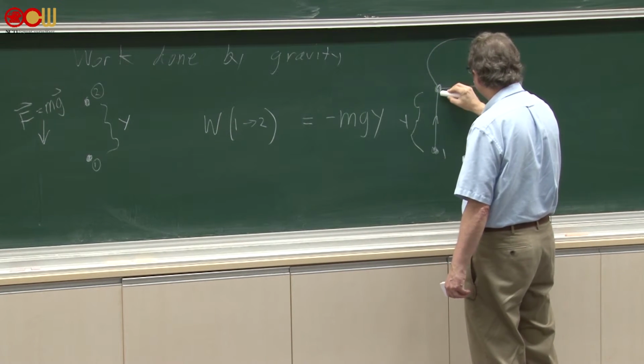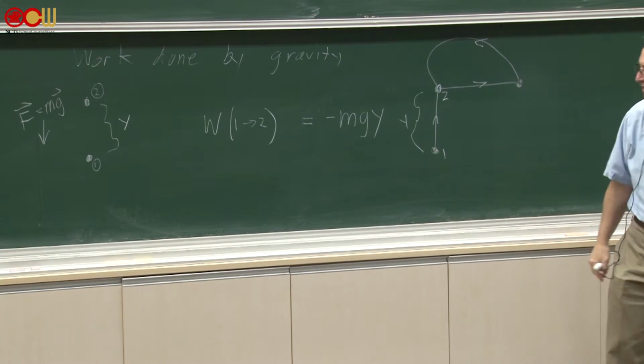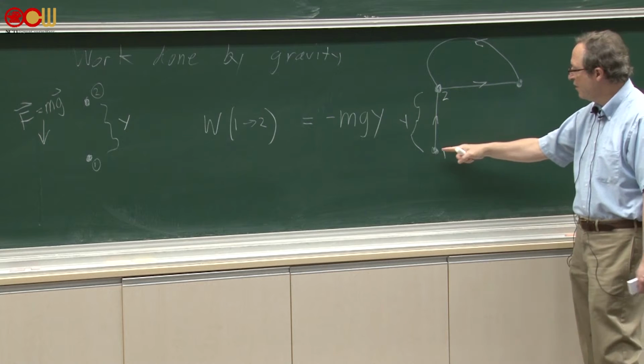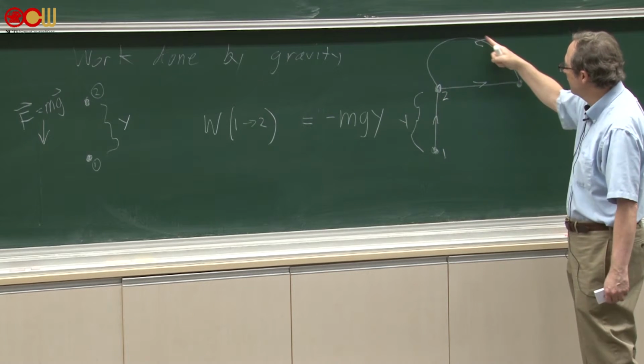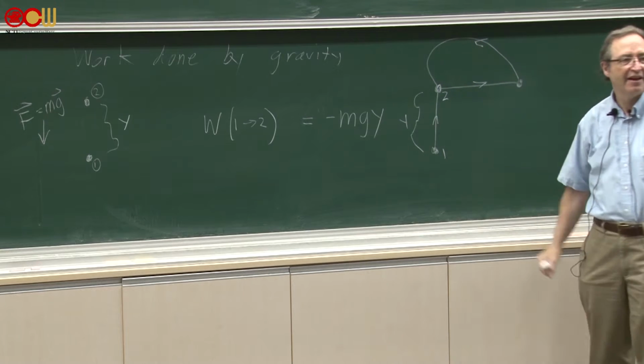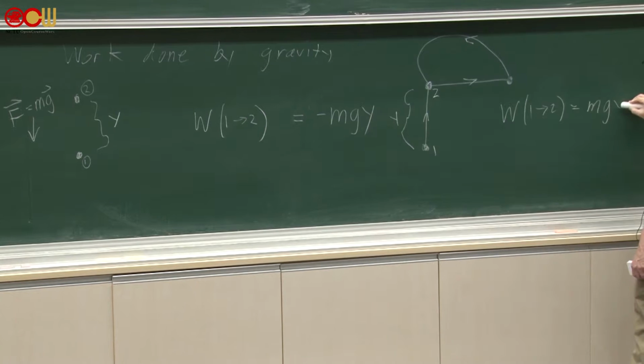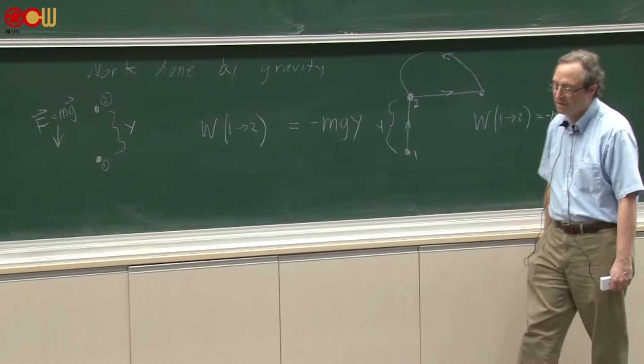This is 1, this is 2, and these are other points. All right? What is the work done by gravity in going like that? So I'm going like that, all the way around like that. Looks complicated. It's the same. So the work done here is still minus mgy, all right?